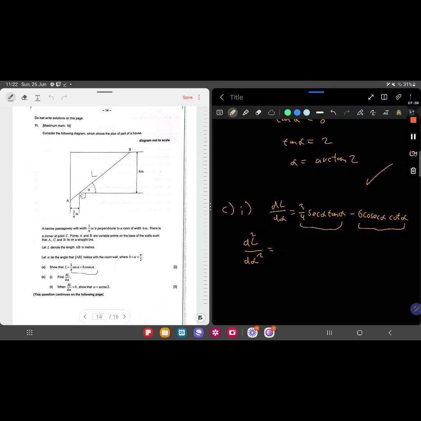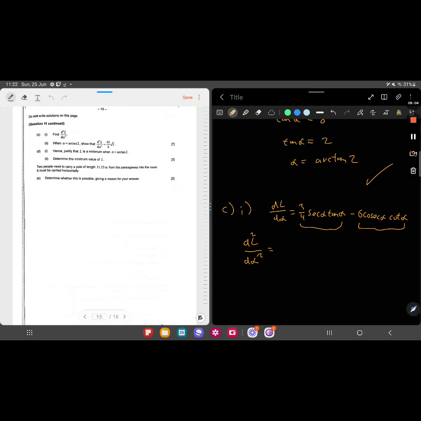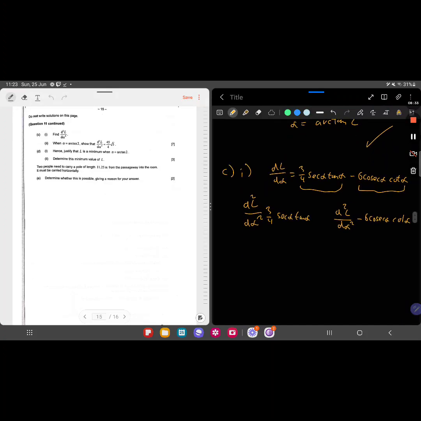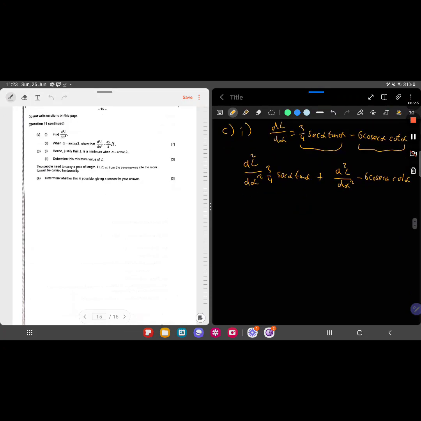So I'm doing the product rule on each part. It looks complicated, but I'll just do it like that.